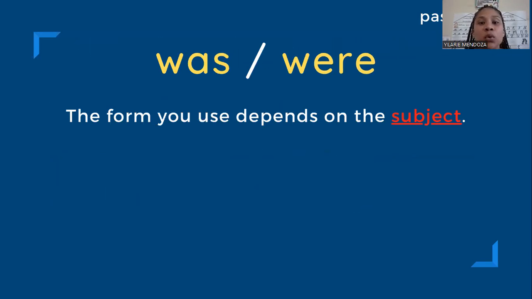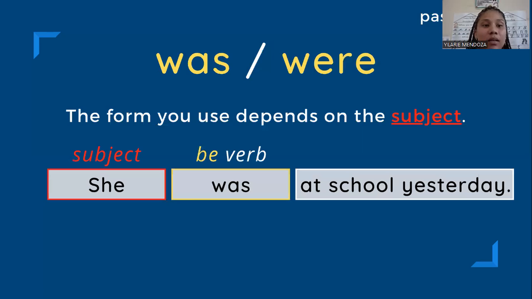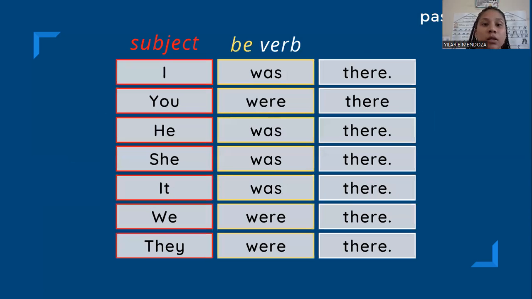The form used depends on the subject. For I, he, she, it you use was, and for we, you and they you use were.